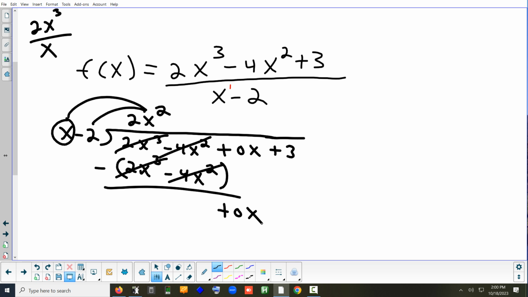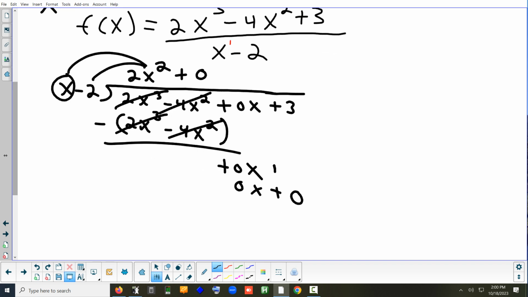How many times does x go into 0x? 0. Doesn't go in at all. Multiply the 0 back out. What's 0 times x? 0x. And what's 0 times negative 2? 0.